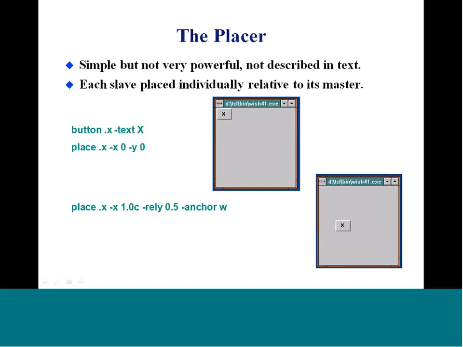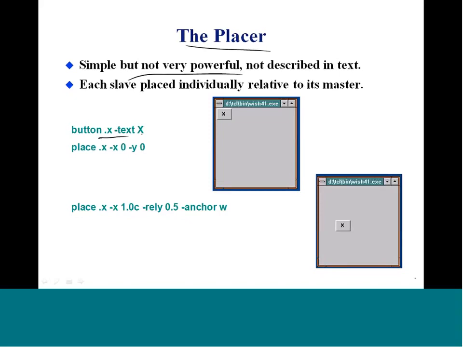We talked about the placer as being one of the classes essentially. The placer is very simple, not a very powerful tool, and it is not described in the text. The only thing to notice is that each slave, buttons or any kind of objects, will be placed relative to its master.